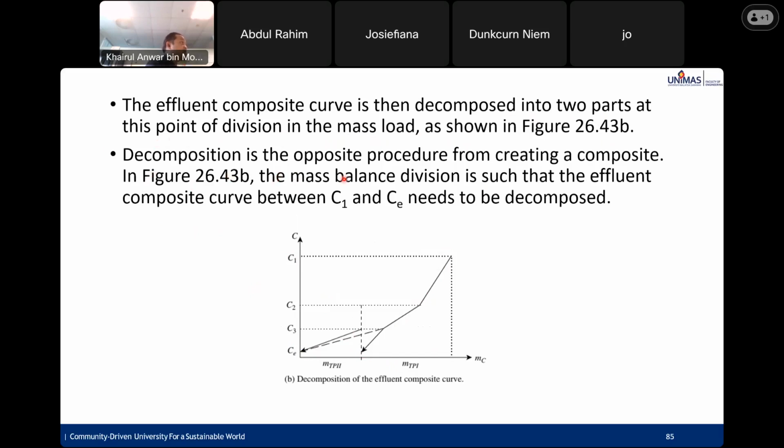Decomposition is the opposite procedure from creating a composite. In figure 26.43b, the mass balance division is such that the effluent composite curve between CI, for C1 and CA, needs to be decomposed.